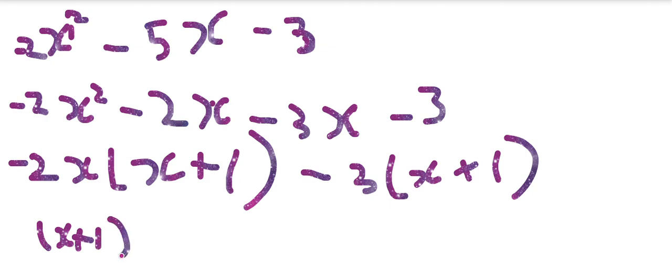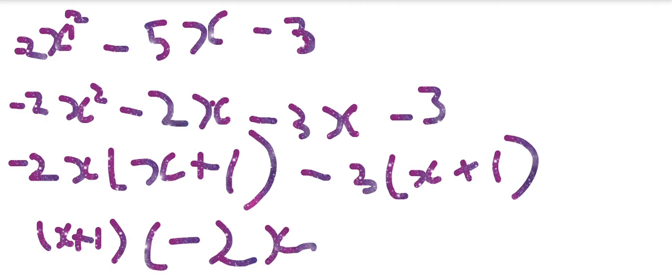In the other bracket we can keep minus 2x and minus 3. So how can we do it like this?